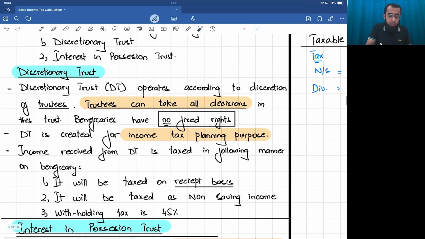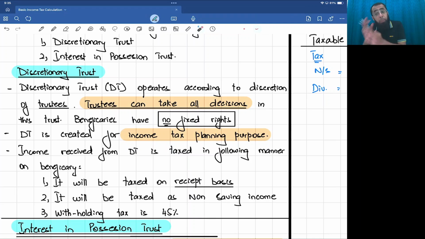We then looked at the concept of discretionary trust, which operates according to the decision of the trustees. They can take all decisions like changing the beneficiary, adding new beneficiaries, removing beneficiaries, closing the trust, changing the activity. So I highlighted that the primary reason for creating a discretionary trust is not to give income to those who cannot manage it, because the trustee can change everyone.